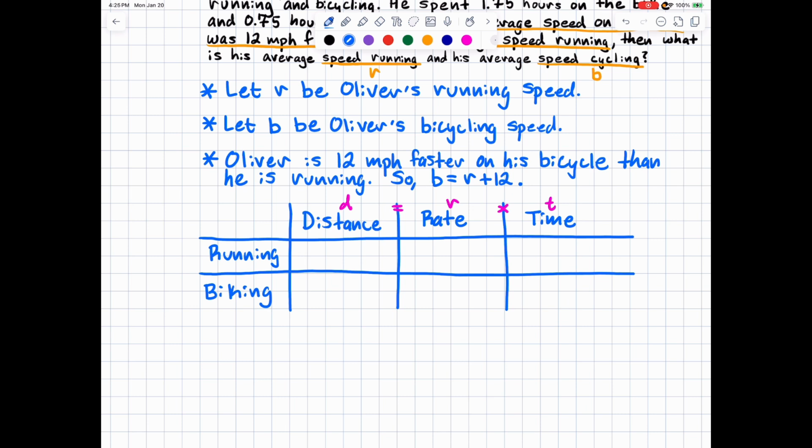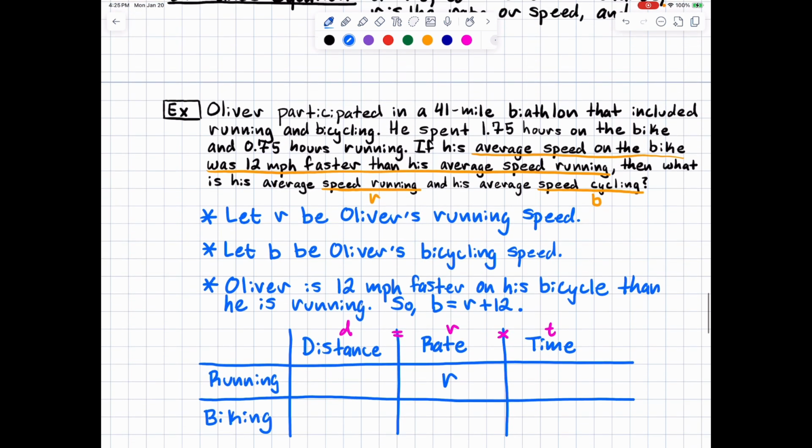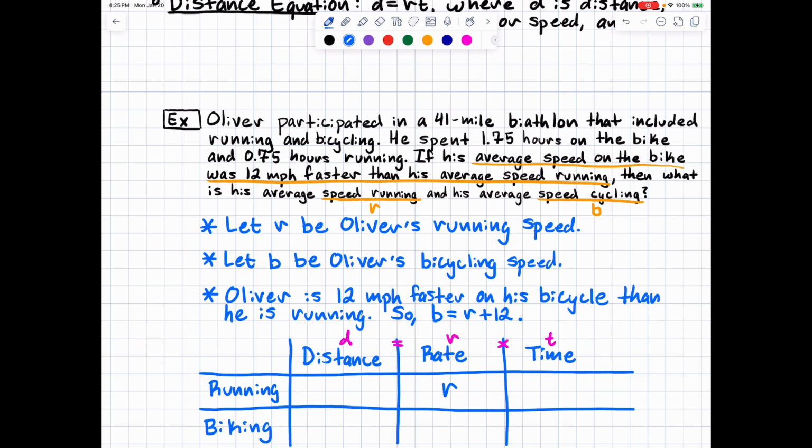So we know that our running rate is r, because we said let r be Oliver's running speed. So I'm going to put r right here. And now we already know the time for his running from up here. We know that he spent 0.75 hours running.